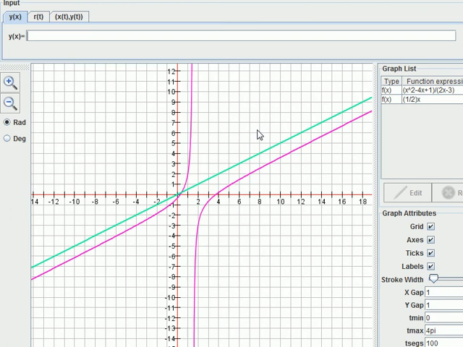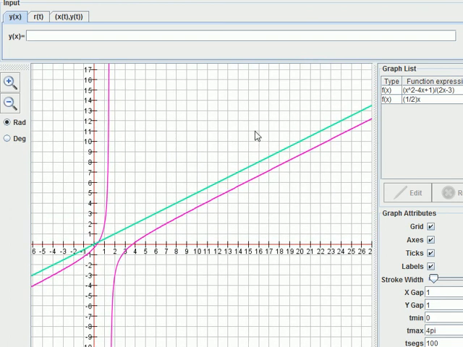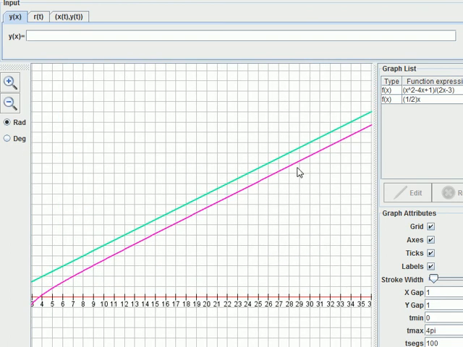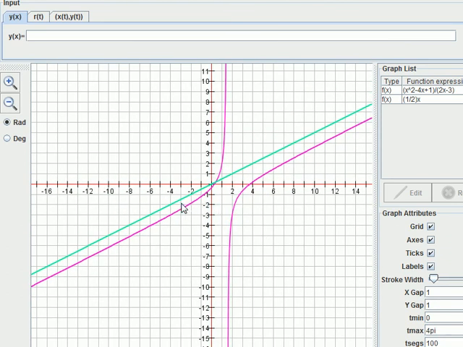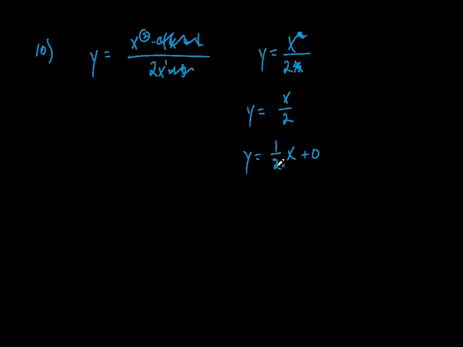See, it's the asymptote. It looks like it's parallel to it, but it actually gets closer and closer, very, very slowly, but that is your asymptote. So that's a little bit weird, but that's what it is, okay? So there we go. Now we know how to find a slant asymptote, a vertical, a horizontal, and a horizontal if it's not on the x-axis.